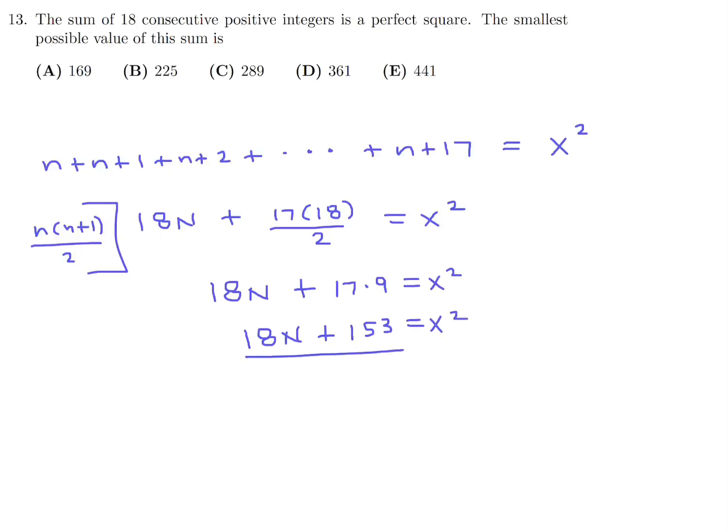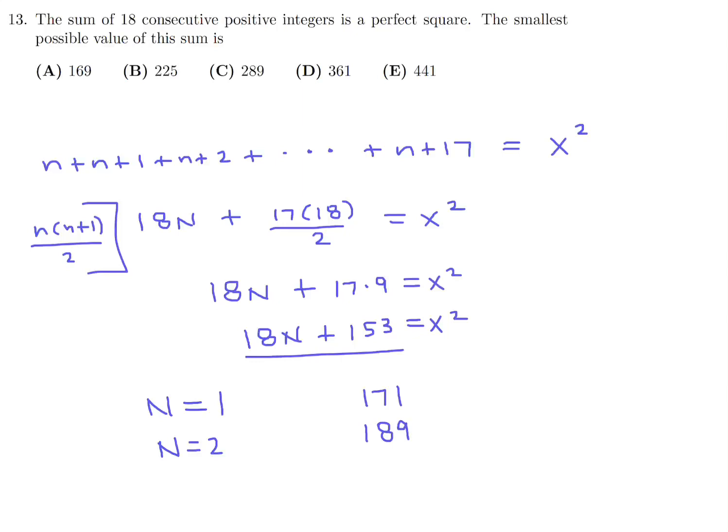So now this has to be some perfect square. So let's experiment with values of n. When n is 1, we'll get 171. Is that a perfect square? No. If n is 2, we'll get 189.